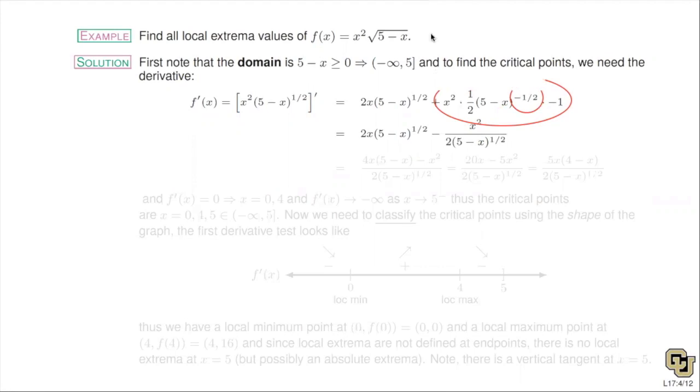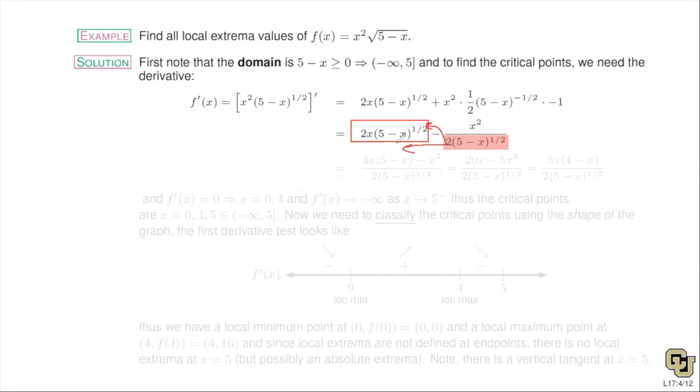What we can do here is combine the fractions. I want this first term to also be over the denominator of 2 times (5 minus x) to the 1/2. So I'm going to multiply top and bottom by 2 times (5 minus x) to the 1/2.